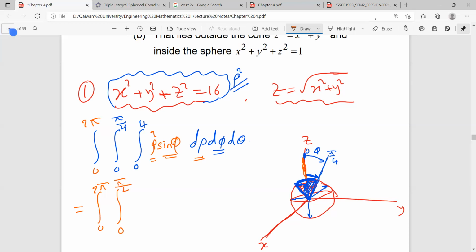It is the integral from 0 to 2 pi, of the integral from 0 to pi over 4, of rho cubed over 3 sine phi, evaluated from 0 to 4, d phi d theta.